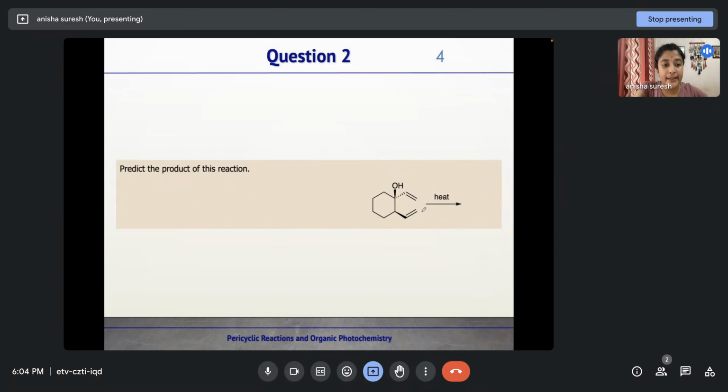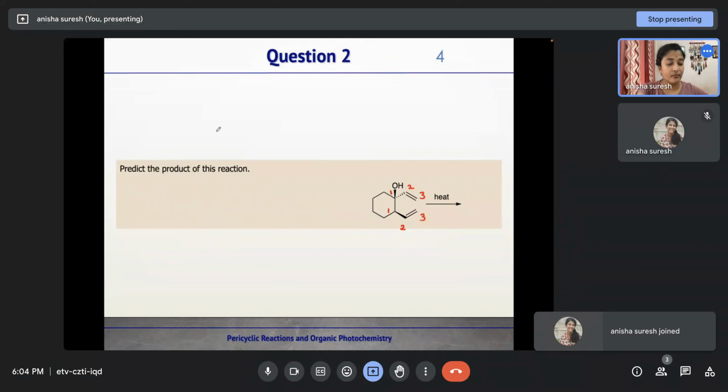If we number it like 3, 2, 1, 3, 2, 1, we can see that the system can undergo a 3,3 sigmatropic rearrangement. Since it involves an oxygen, this can be called a Claisen rearrangement.